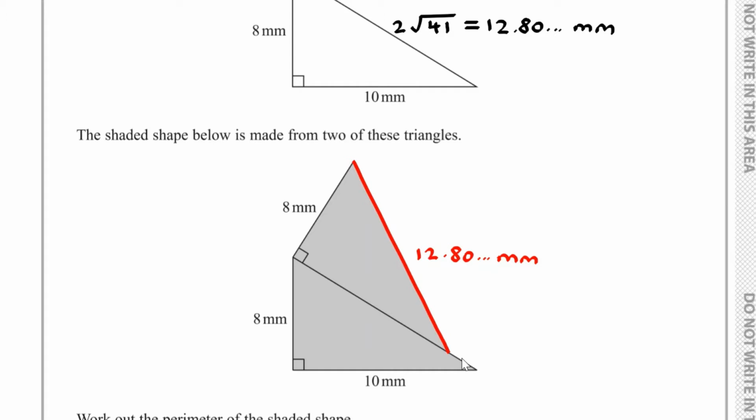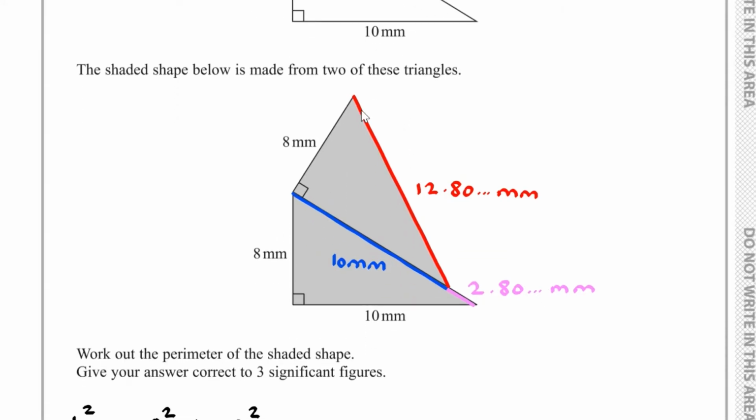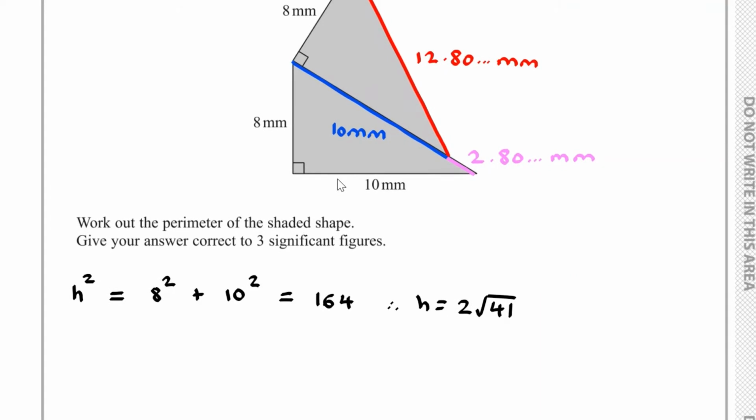Now, if this entire edge is 12.80, we need to subtract this length over here, which is 10 millimeters, to find out this remaining length here. And so what this is equal to is 2.80, etc. millimeters. So now we've got all the dimensions, and from this we can find out the perimeter.